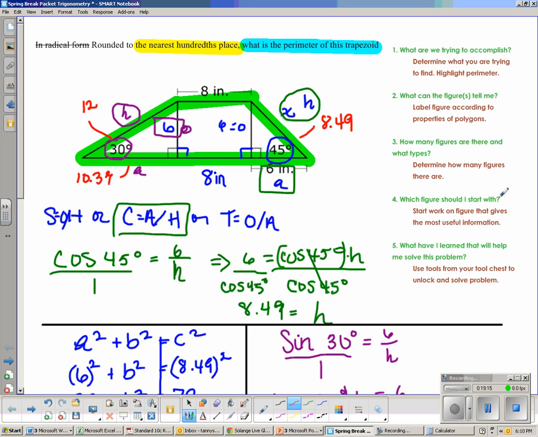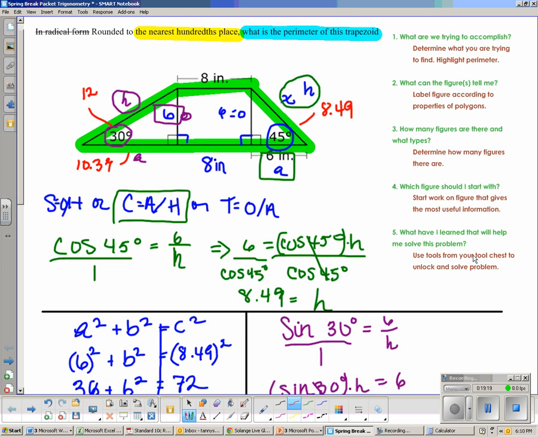We are not done because we have to go ahead and find the sum of all the sides. So let me go ahead and do that now.